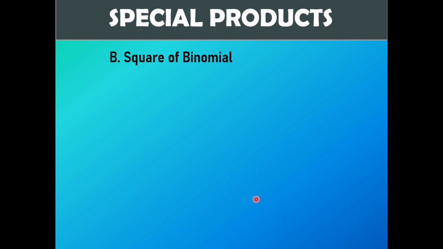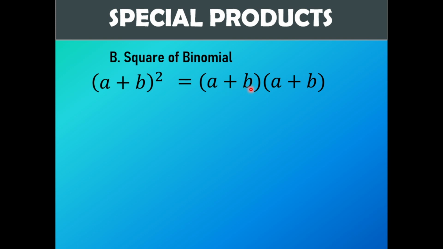Square of a binomial. We have a squared binomial quantity a plus b squared. We can expand this into quantity a plus b times quantity a plus b. Using the distributive property of multiplication, or the FOIL method, a plus b times a plus b will give us a squared plus ab plus ab plus b squared.